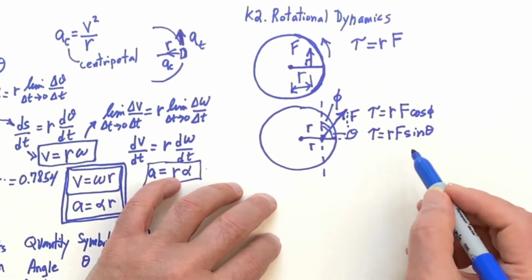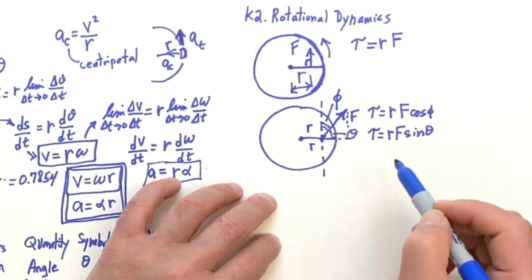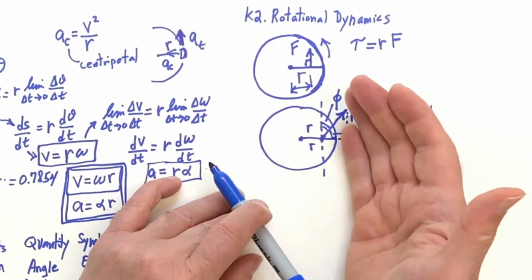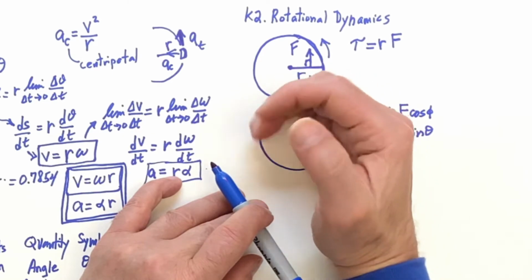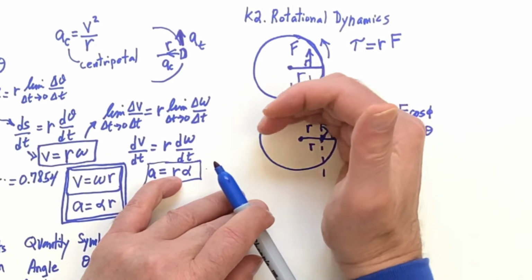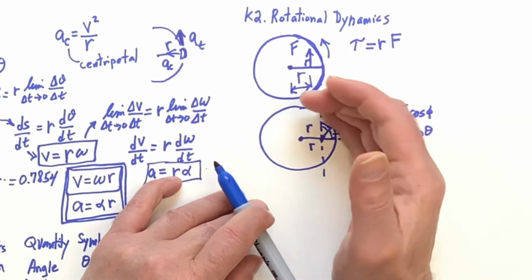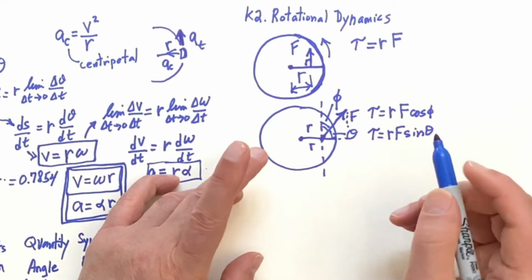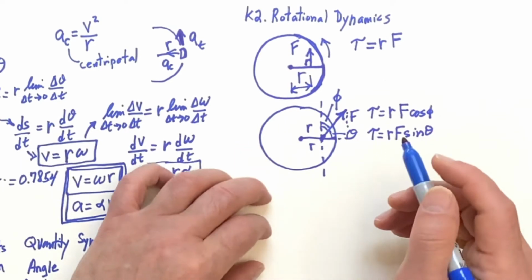Now what we can do is assign a direction for the torque. If you take your right hand and curve it along the counterclockwise direction, in this case, the thumb points straight up, and the thumb then gives the direction.